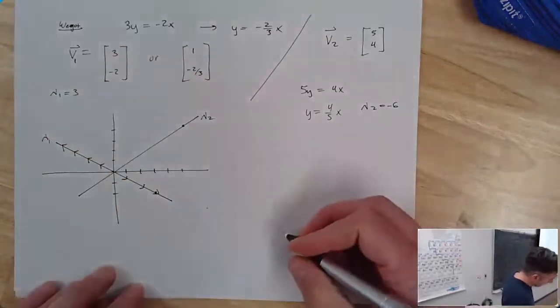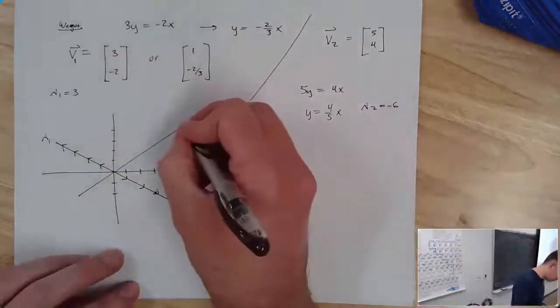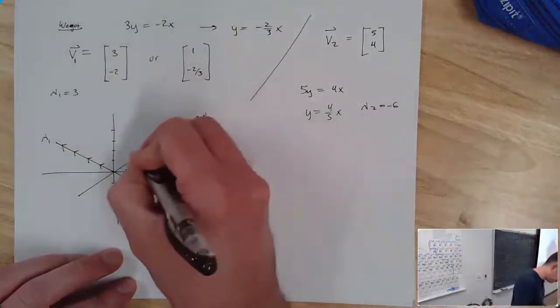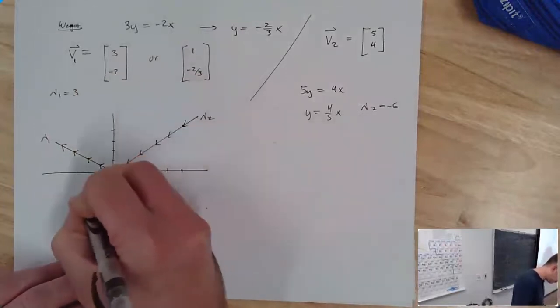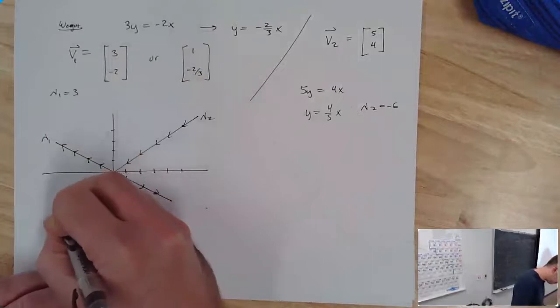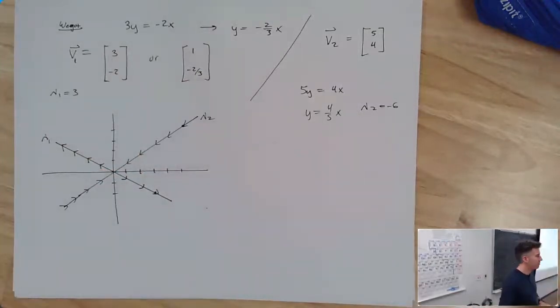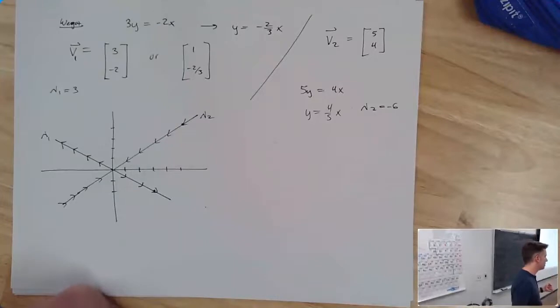And if lambda is negative, then the direction is towards the origin along that eigenline. You can't ever cross an eigenline with your trajectory.